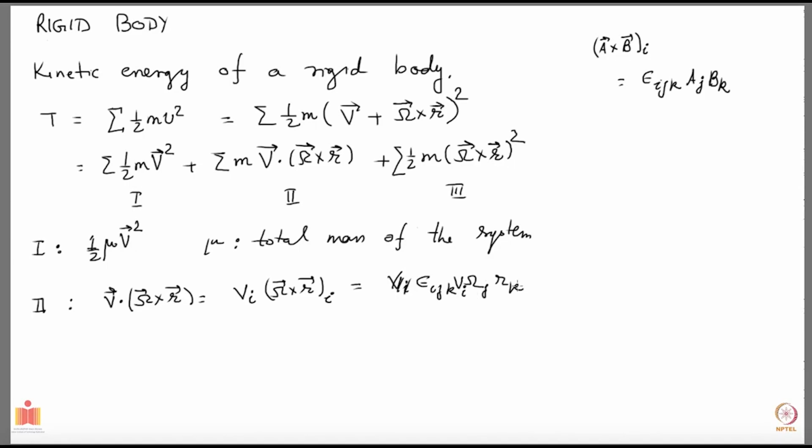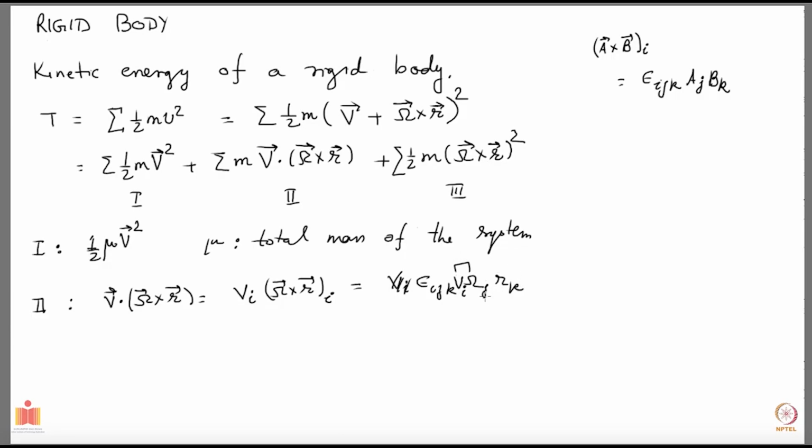Now what I want to do is have r outside. So what I'll do is create a cross product involving v and omega and then have r outside.